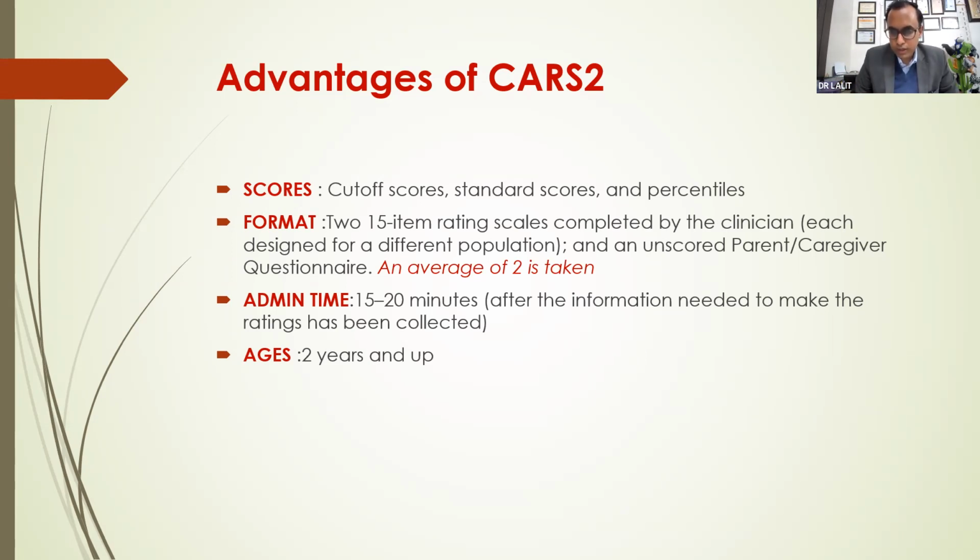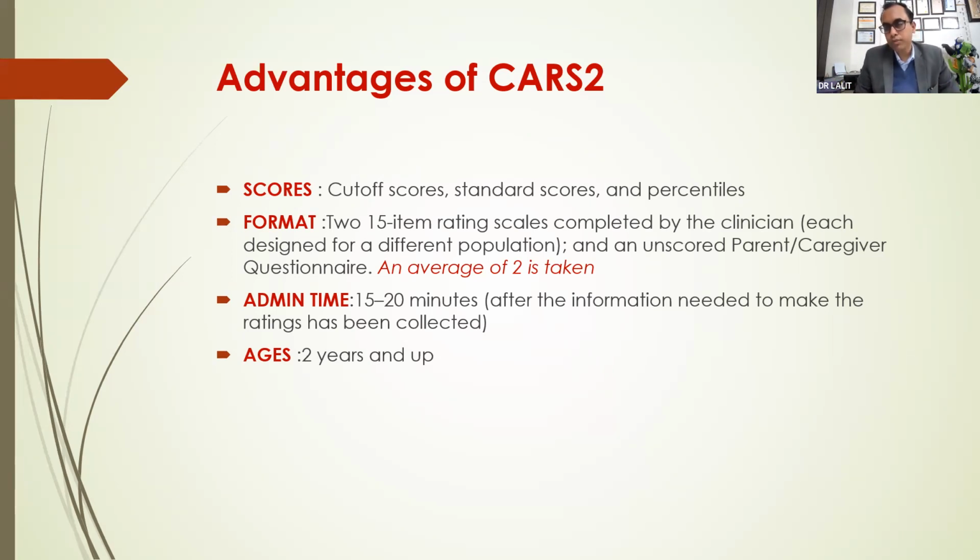Now, one important thing is, if the person doing this scoring is very well versed and has done more than 30 scorings on the autism spectrum with different levels of children, then taking a score even at a single setting is enough. But if a person is new and not well versed with scoring autism in a majority of children, then an average of 2 is taken.